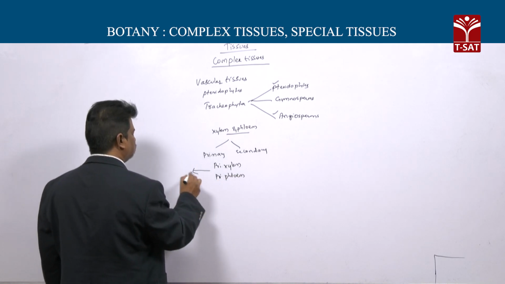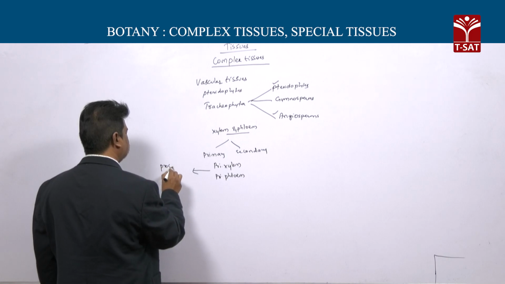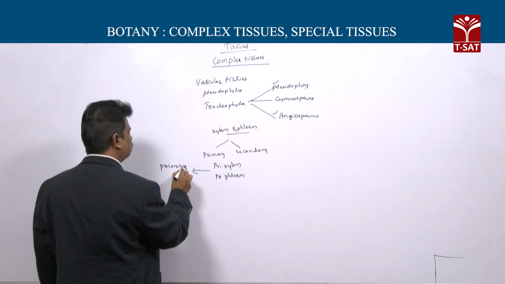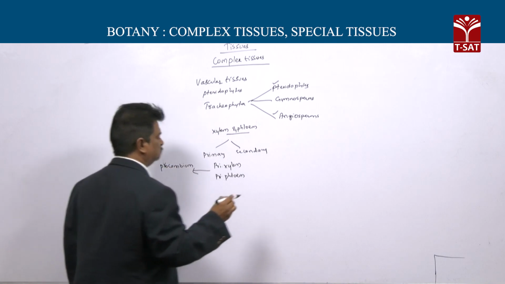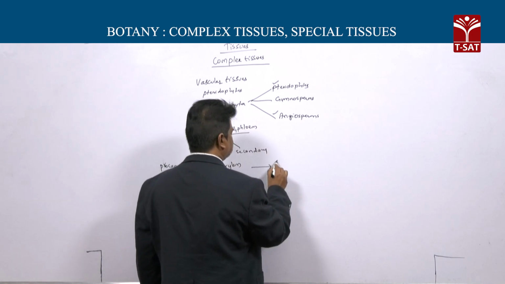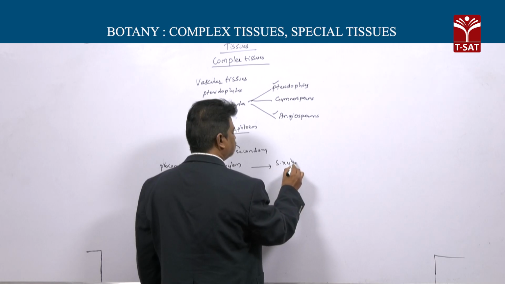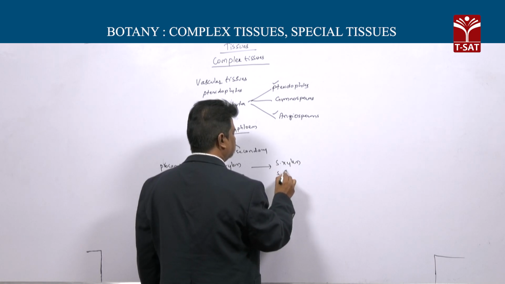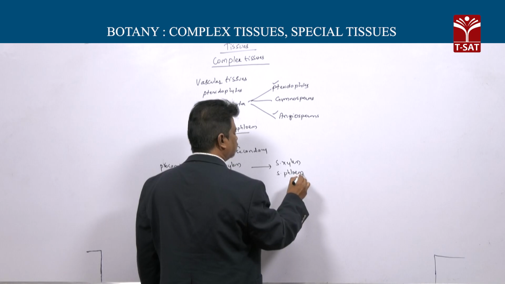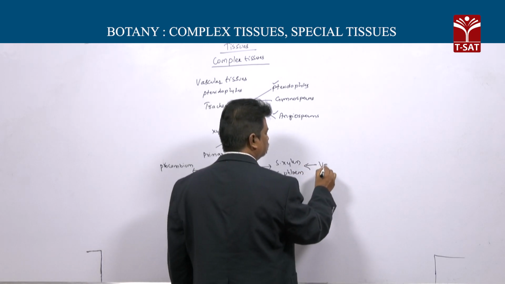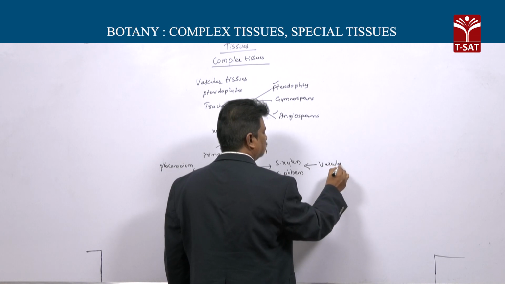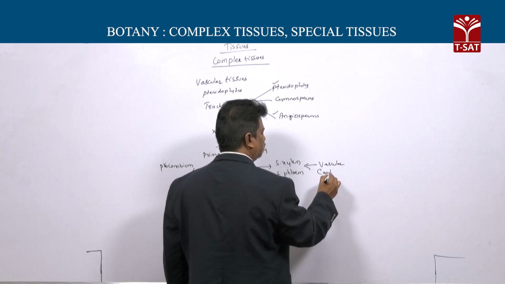These primary vascular tissues are developed from procambium. Then secondary vascular tissues include secondary xylem and secondary phloem. The secondary vascular tissues are developed from vascular cambium.